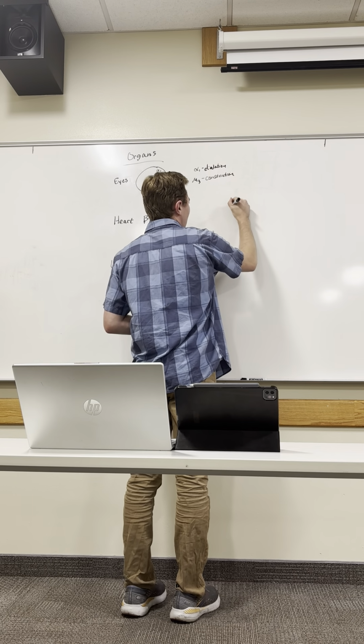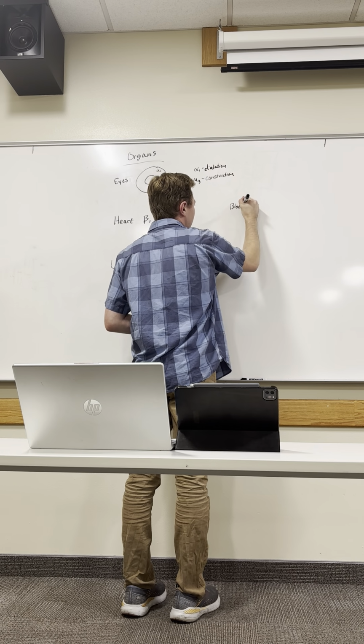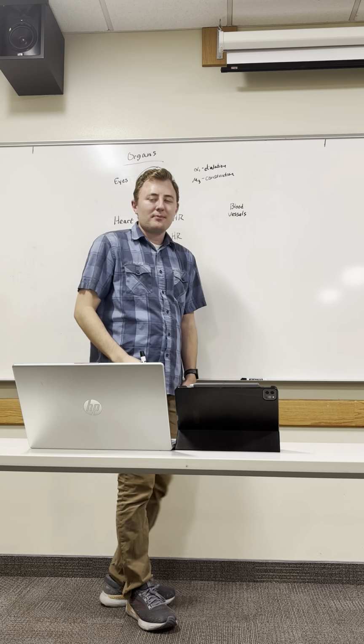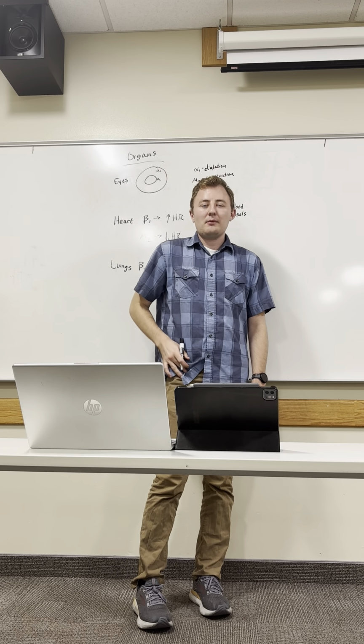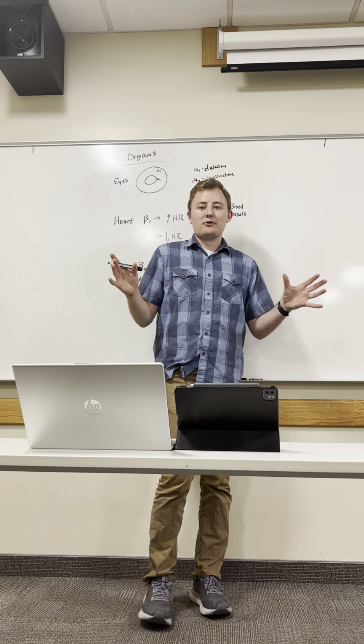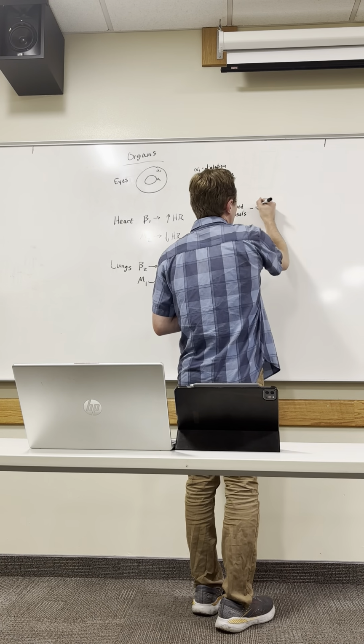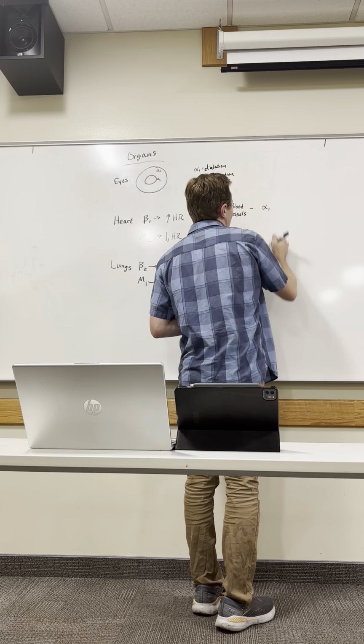Let's talk about the blood vessels. The blood vessels will never have a parasympathetic response. They only respond to the sympathetic nervous system. In our blood vessels, we have alpha 1 receptors.